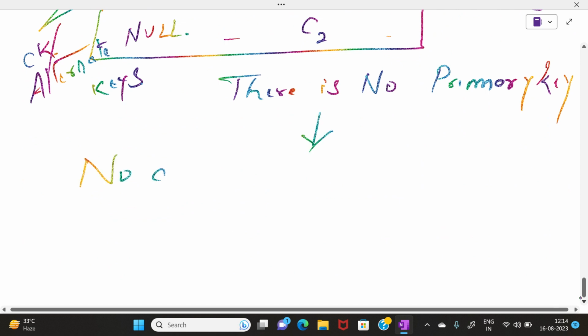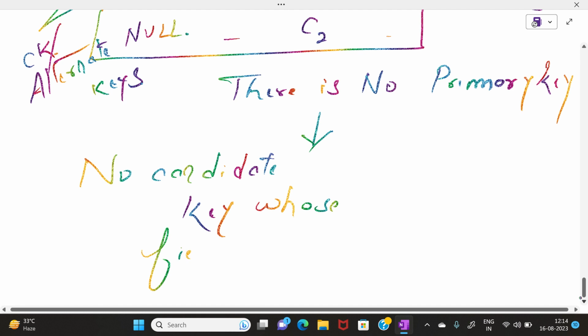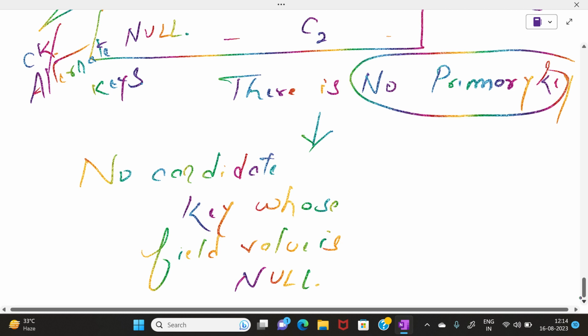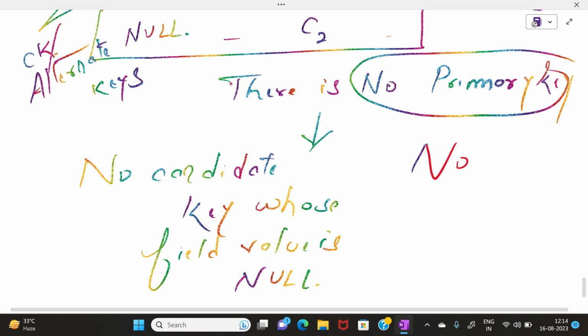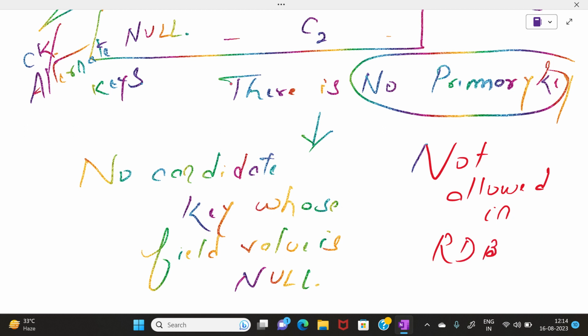There is no candidate key whose field value is not null. It seems that there is no primary key here. Hence, this design is not allowed in RDBMS table design.